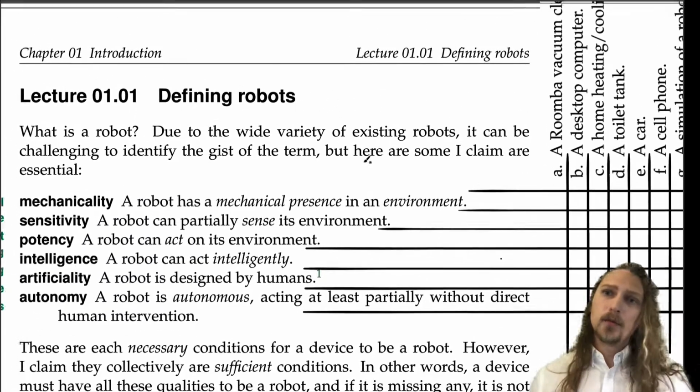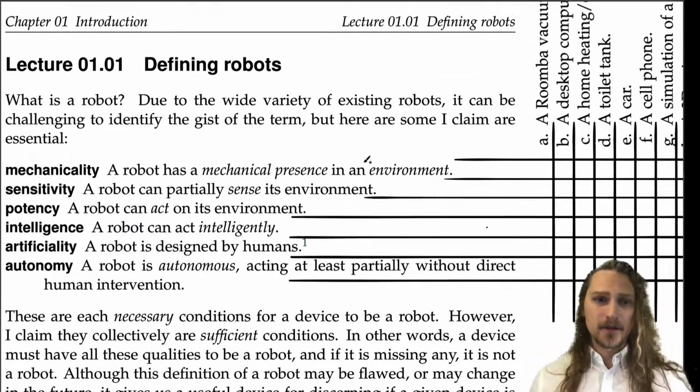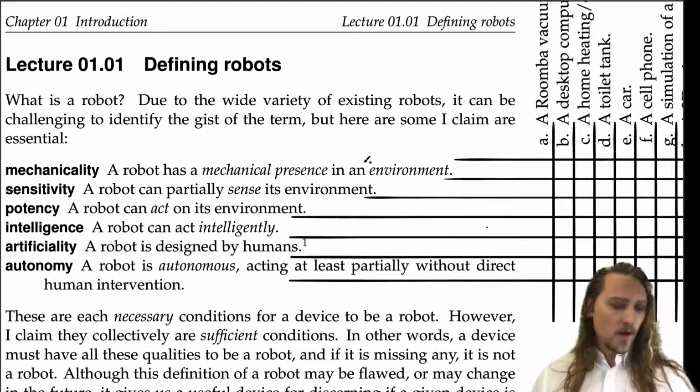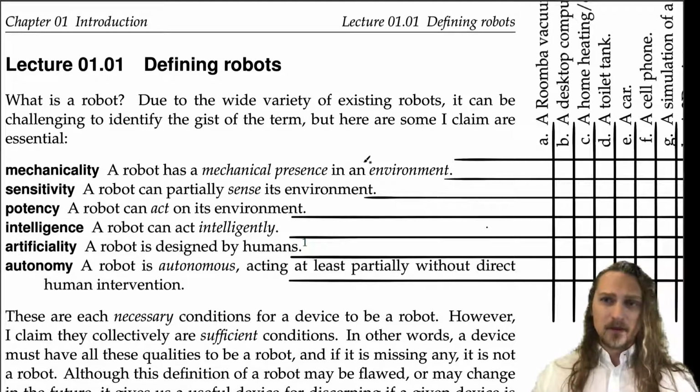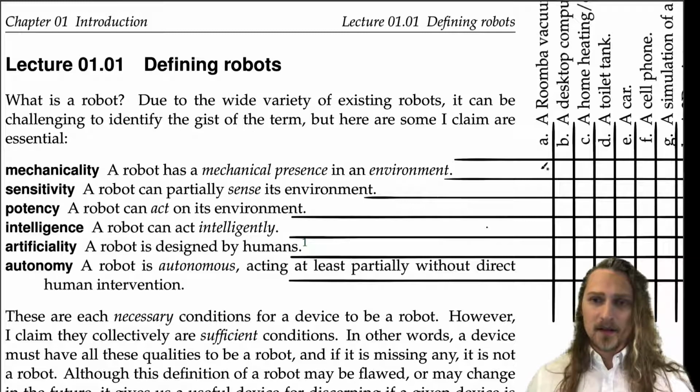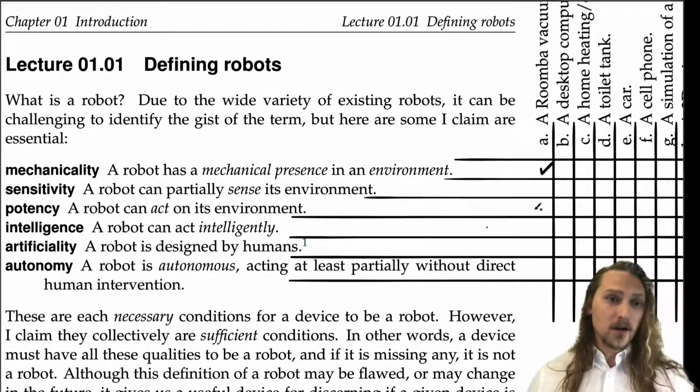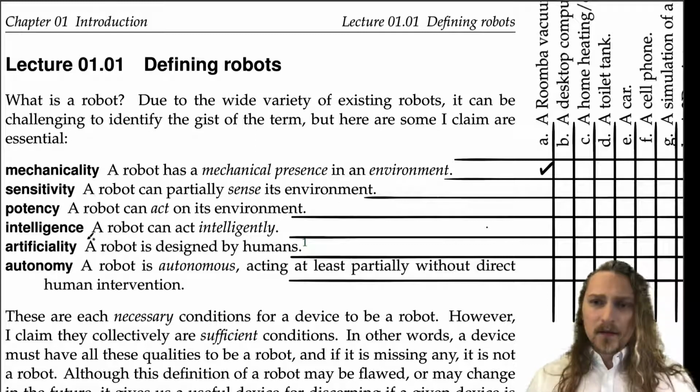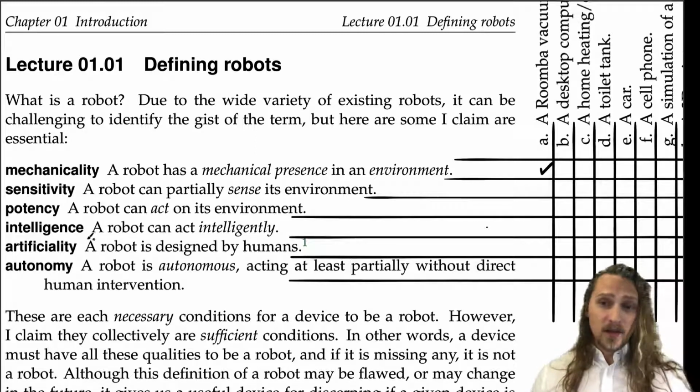So, a Roomba vacuum cleaner is our first example. Let's test it for each of these qualities. Mechanicality. A Roomba certainly has mechanicality. It also has sensitivity. Depending on the model, it has at least a bump sensor, which tells it when it's bumped into something.